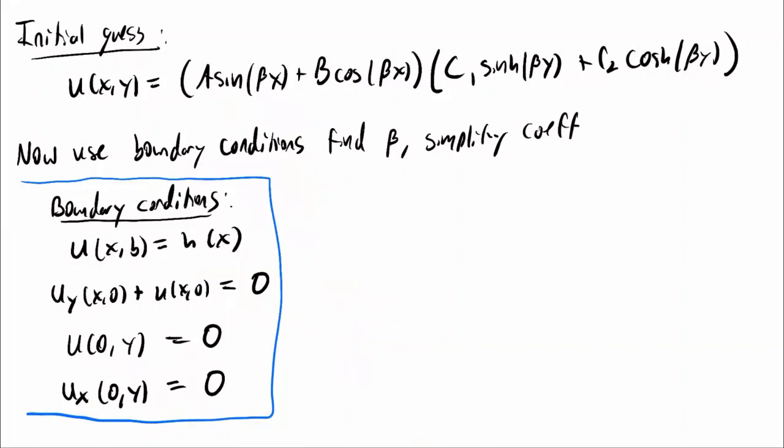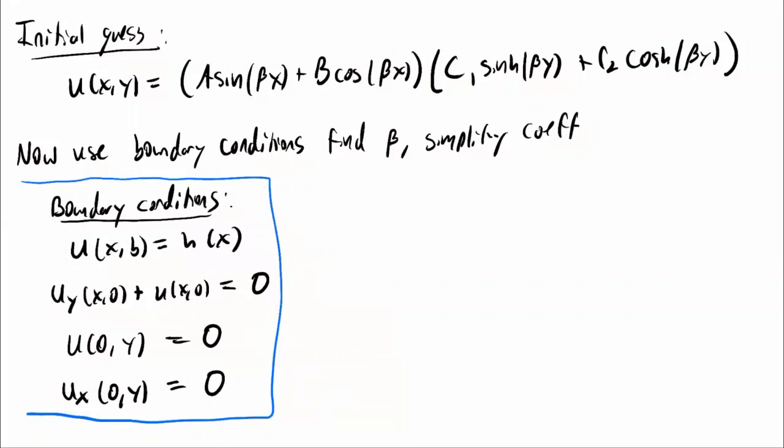At this point, you have to work strategically. You don't really know which one to start out with. Generally speaking, whenever you have zeros, zeros will simplify things. So we may want to start by looking at one of these conditions involving the zeros.